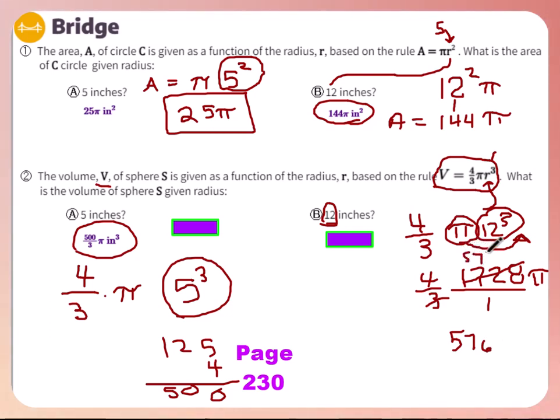Multiply that by 4. 576 times 4 is 2,304. Okay, so that's going to be pi, and it's written as 2,304 pi inches cubed.